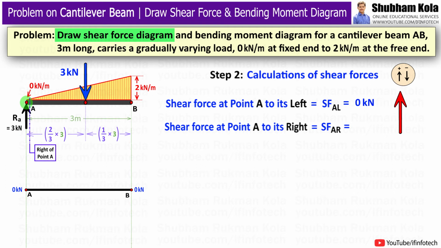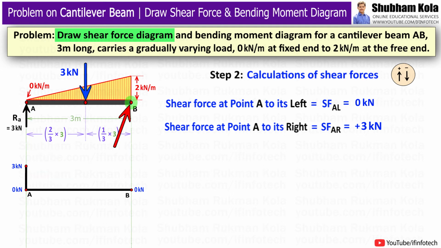So as per the sign convention, I will consider upward force as positive. So here the shear force is plus 3 kN. Here as the shear force value is positive, I will mark the point of 3 kN shear force above the reference line of 0 kN shear force, and I will connect these 2 points with a vertical line.